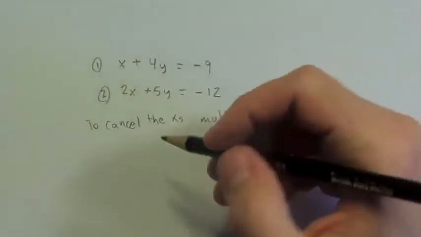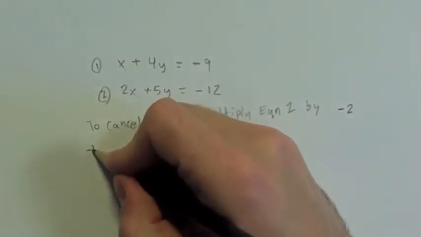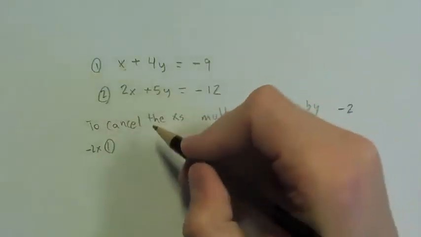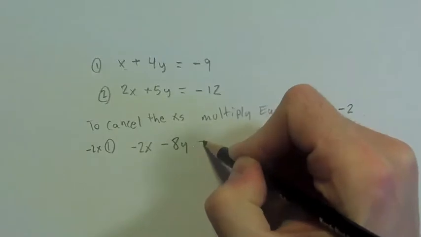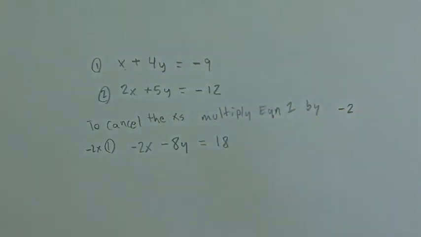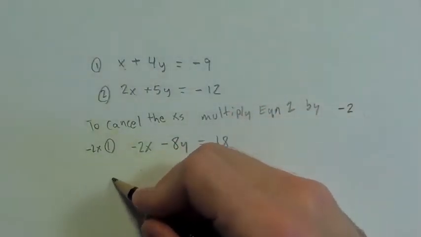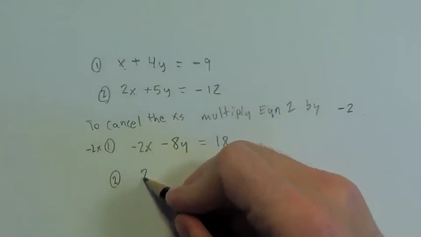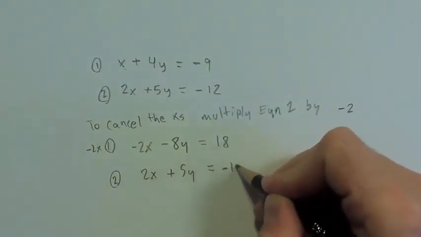So negative 2 times equation 1 is going to be negative 2x minus 8y is equal to positive 18 when you multiply all of equation 1 by negative 2. Then equation 2 is left alone. It will just be 2x plus 5y is equal to negative 12.